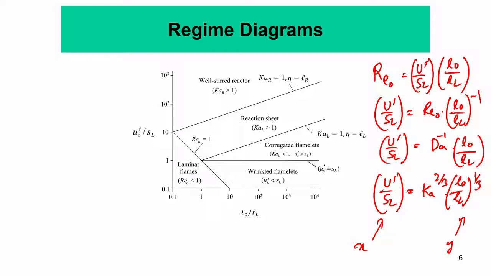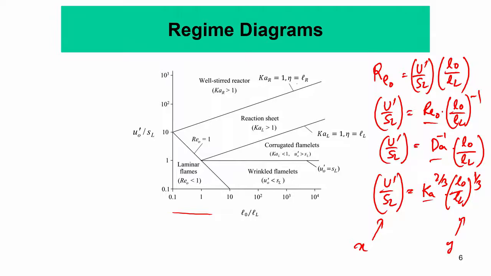So, this regime diagram is essentially on a log plot. Both the axes are on log scales, with logarithm base 10, and all these different lines are constant Reynolds number, constant Damkohler number, constant Karlovitz number. These will appear as straight lines.